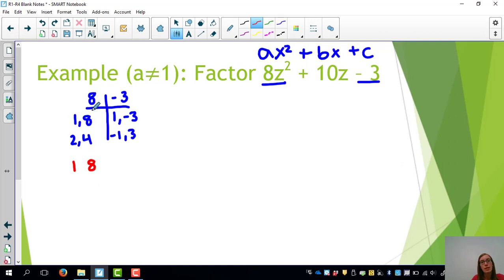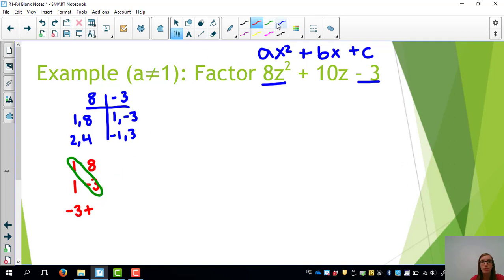I'm going to take one set of factors, say 1 and 8, and then underneath it I'm going to put another set of factors. So I'll use 1 and -3. Now the reason that this is called the butterfly method is that we're going to create the shape of a butterfly. We're going to cross-multiply 1 times -3 to give us -3, and we're seeing what multiplies then adds.